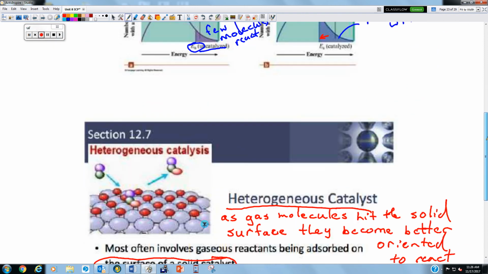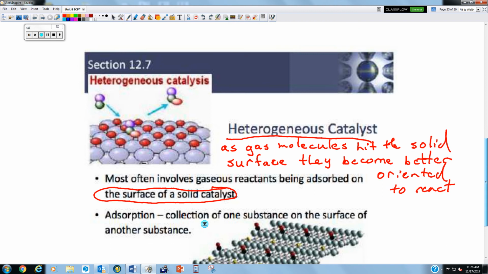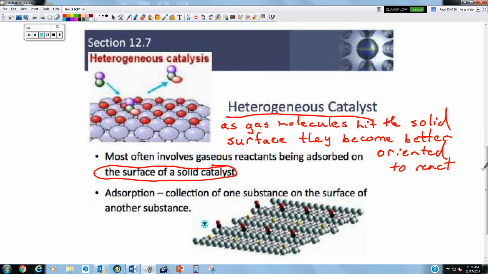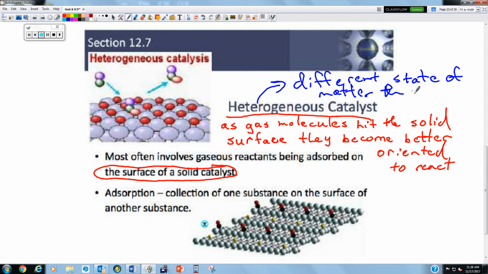Now let's look at different situations where catalysts occur. So the first type of catalyst is a heterogeneous catalyst. What this basically means is the catalyst is in a different state of matter than the reactants.